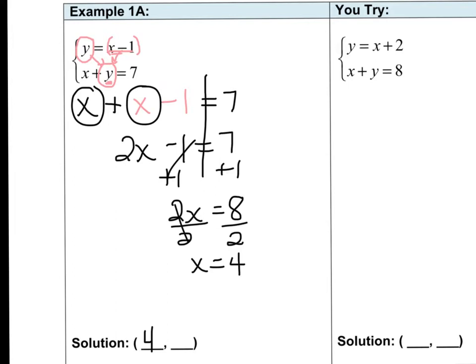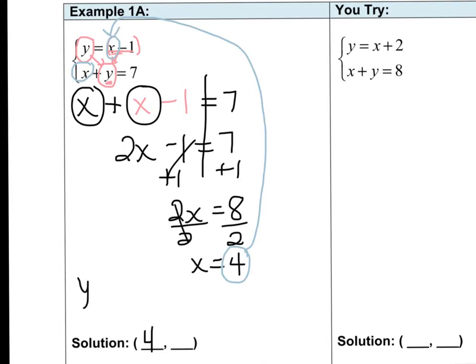Now we just have to find y. So we can take this x, which is 4, and plug it in for either that x or that x to solve for y. Personally, I think it'd be easier to plug it into the one that's already solved for y, so we'll plug it in for that x.